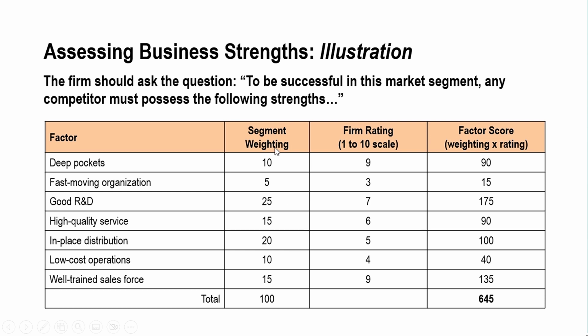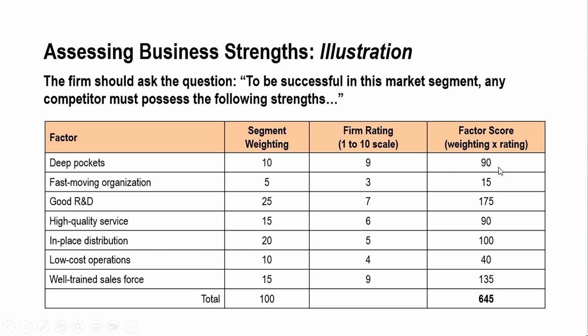Based on these factors and the weights, we can also evaluate the firm's current position on a scale of 1 to 10. If the organization is a large organization and has deep financial resources or deep pockets, then we say that factor score is 90.